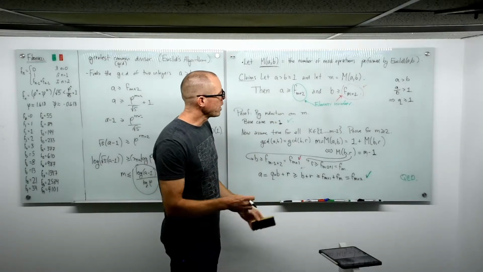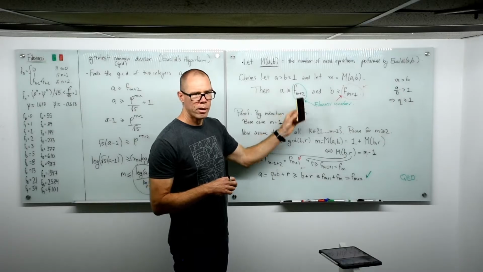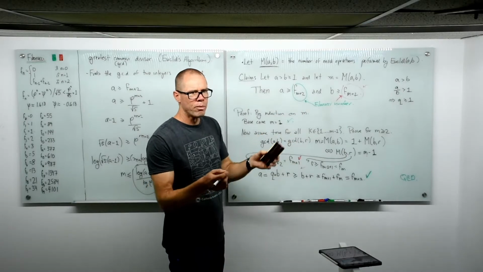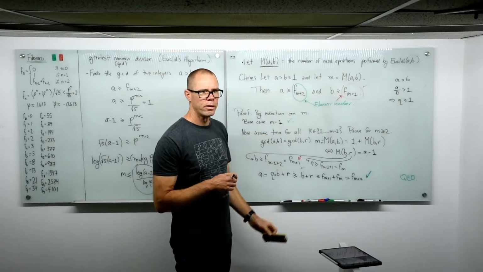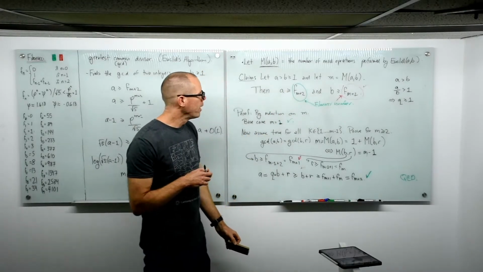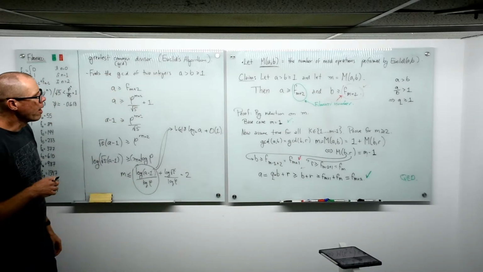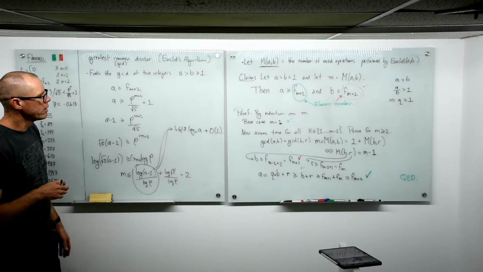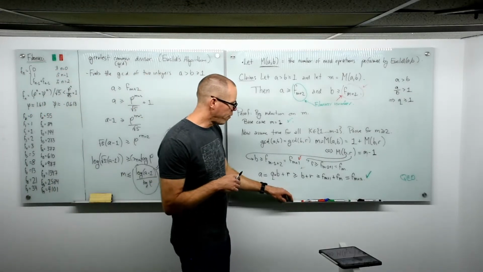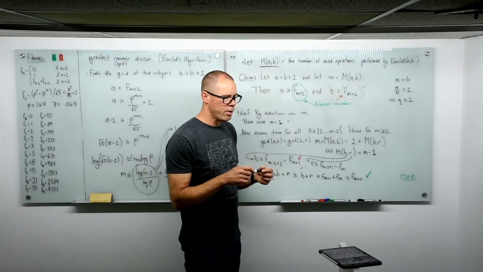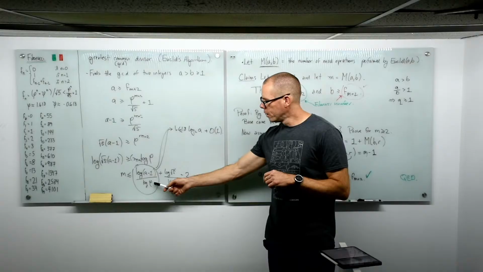When you take two consecutive Fibonacci numbers, this is exactly the number of mod operations that happen. For other, random looking numbers, it's usually faster than this, but in the very worst case, this is exactly what happens. So that's a good place to stop. The moral is that Euclid's algorithm finishes in a logarithmic number of steps. The base of the logarithm is the golden ratio.